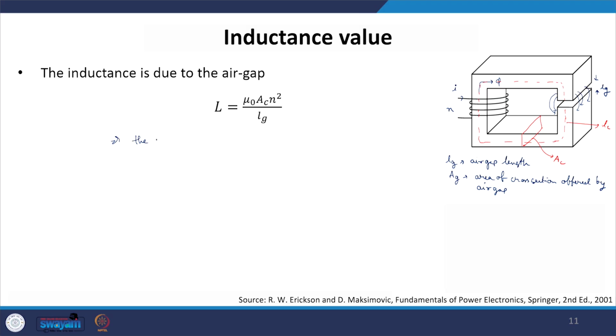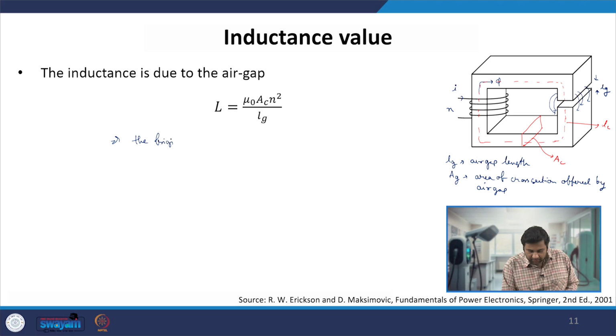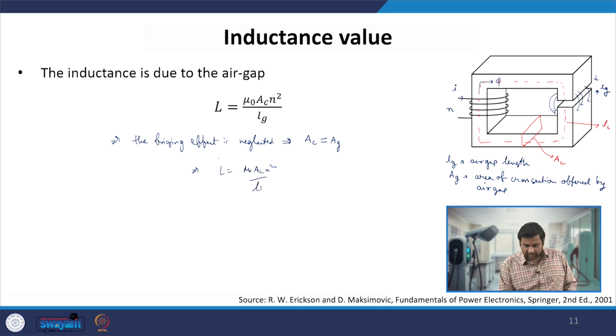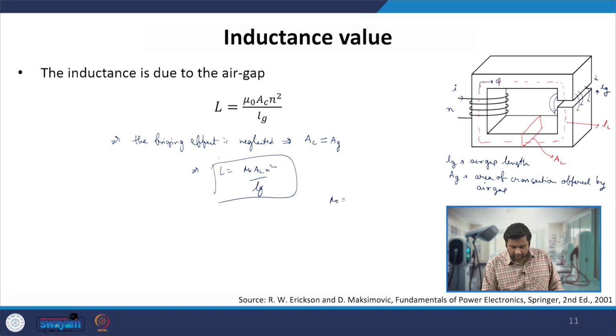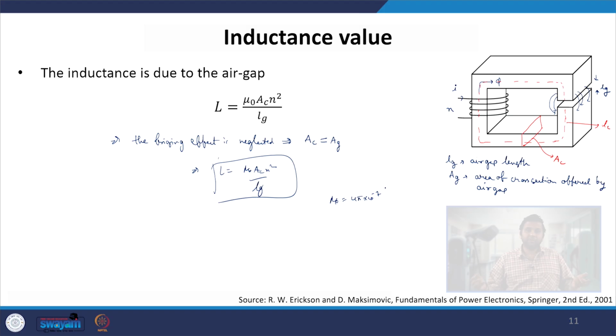Since the fringing effect is neglected, the area of cross section of the core is equal to Ag, and my inductance is equal to mu naught Ac N square by Lg, where Lg is the length of the air gap and mu naught is 4 pi into 10 raised to power minus 7, the permeability of free space.